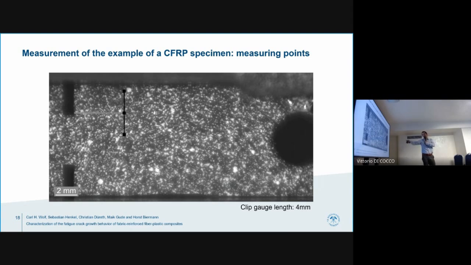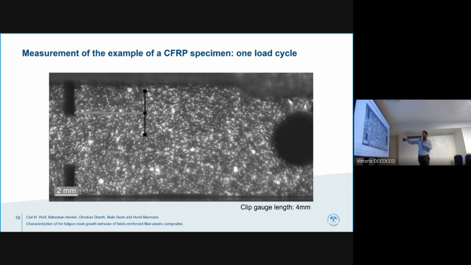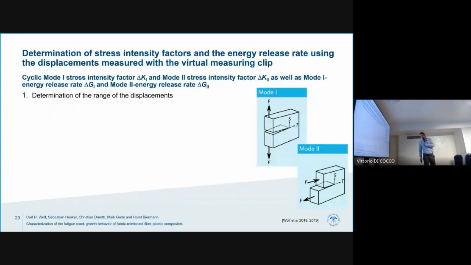How does it work at our specimen? Here you can see the specimen at different load cycles, and now we have just one load cycle, and we measure the displacements at these 2 points. Afterwards we had different ways to calculate the stress intensity factors and the equivalent stress intensity factor. On the one hand, we calculated the mode 1 and mode 2 stress intensity factors, which was easy because we just needed the range.